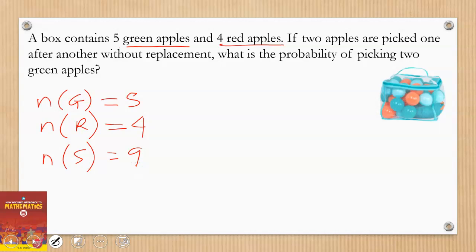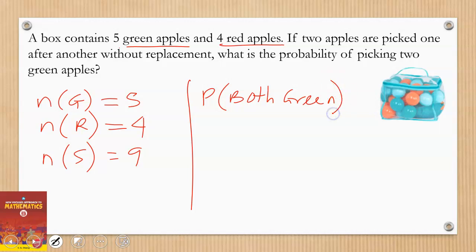Good. Now, we are to pick 2 balls from the box. We'll pick them one after the other. So we'll pick the first one, we don't put it back, and we'll pick the second one. Now, the question says, what's the probability of picking the 2 balls which are both green? So let me say probability of both green.